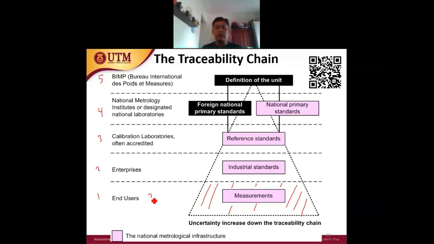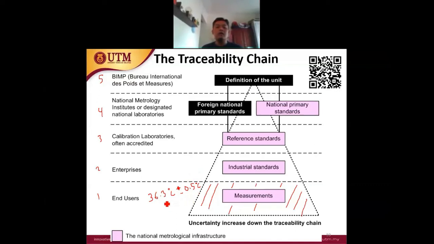Let's say we get the result 36.3 degrees Celsius, with a certain uncertainty, plus minus, for example, 0.5 degrees Celsius. Meaning this is the uncertainty level, the error is plus minus 0.5 degrees Celsius.